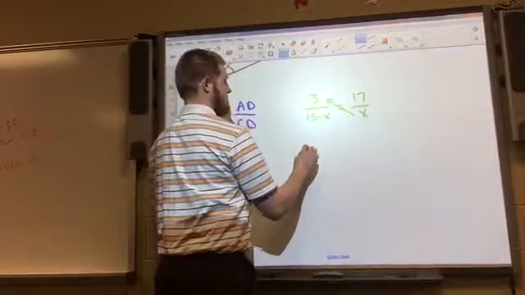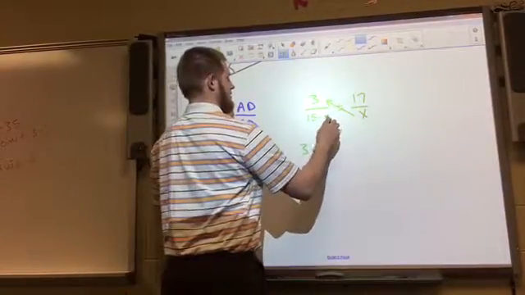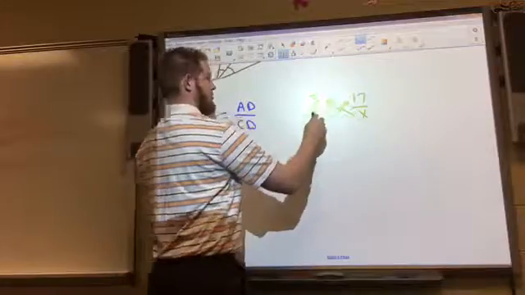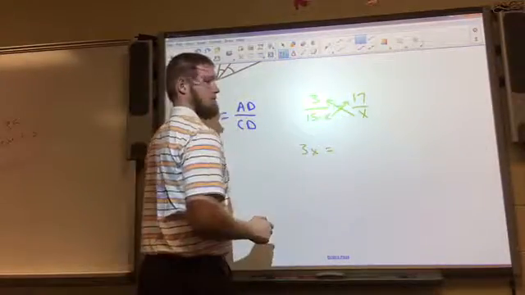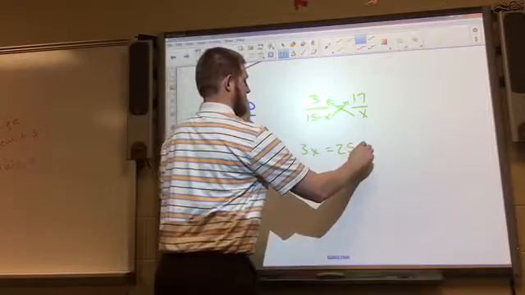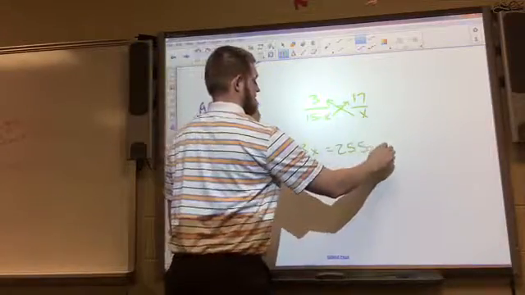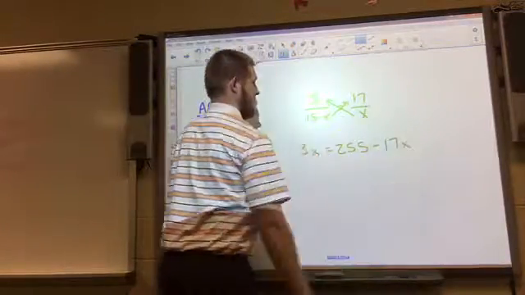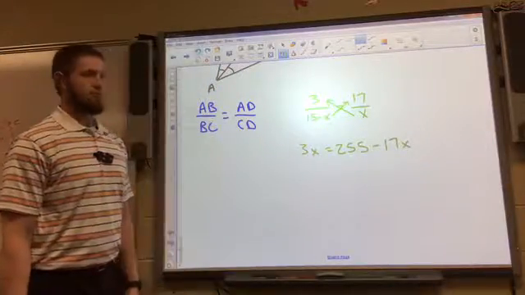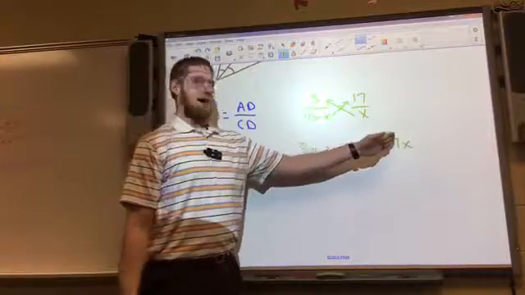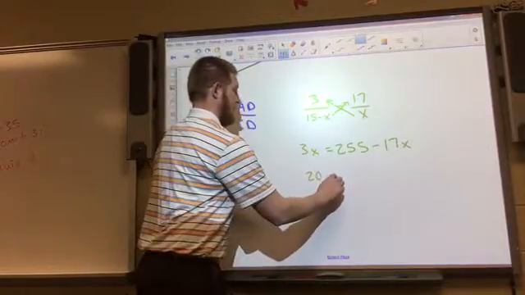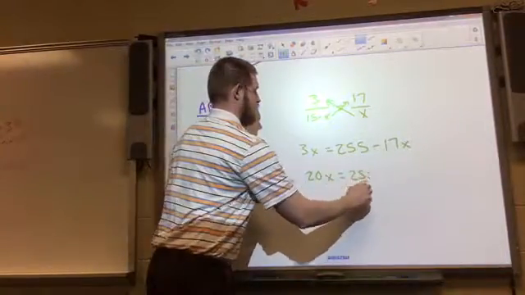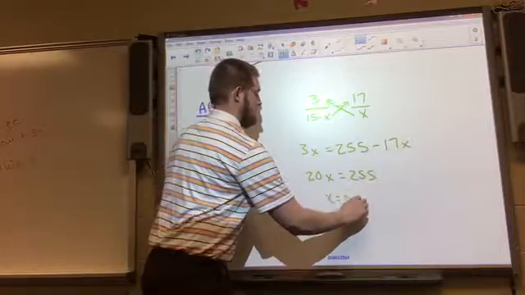You should be able to do this by now. 3 times X, 3X. When I multiply this way, do I multiply both of these? Yes. 15 times 17, 255. Negative X times 17, negative 17X. Add my 17X, right? And I get 20X equals 255. So X equals 255 over 20.